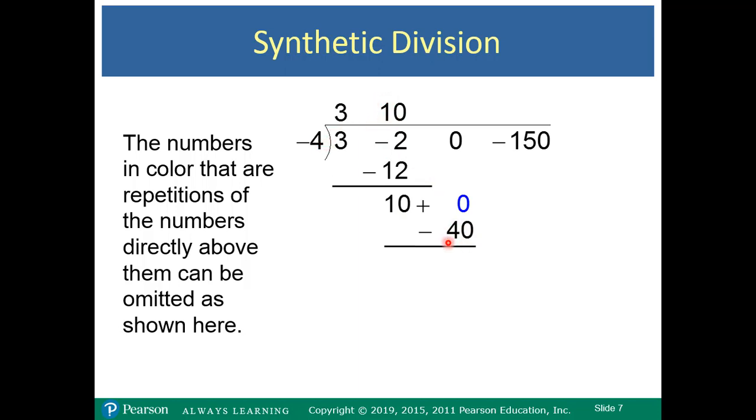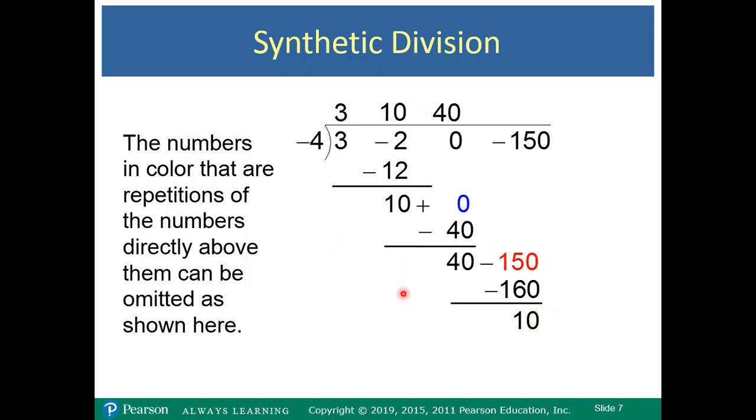We put the 40 here, subtract, and then bring down, and we get negative 4 times 40 equals negative 160. So we're using this one to get this one. Then we multiply here, this times this to get this one, and then this times this to get this one, and then finally we end up with our 10, our remainder. Okay, so again, we get the same result.